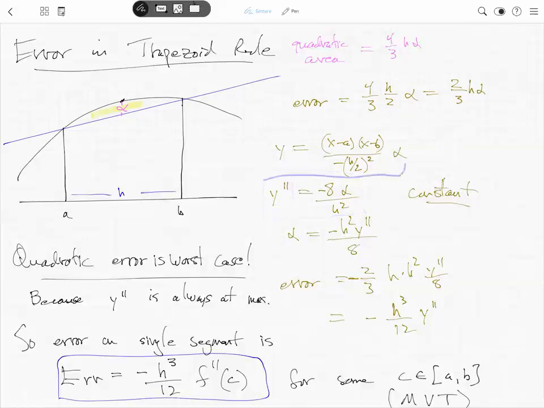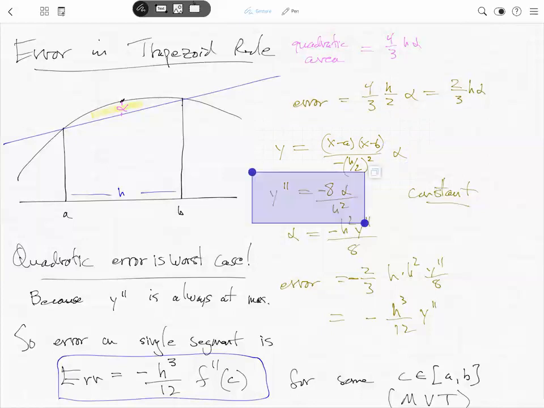This is a quadratic function, so the leading term, or the highest power term, would be some constant times x squared. And that means that the second derivative would be 2 times whatever that constant is. So if you work that out, you can easily tell that the constant is actually going to be 4 over h squared times alpha, right? And then multiply that by 2, so we get this formula.